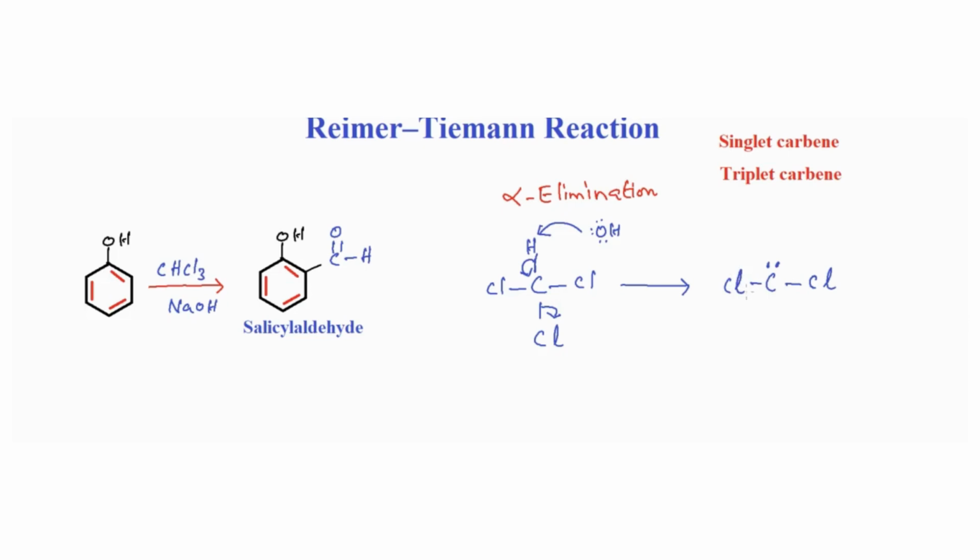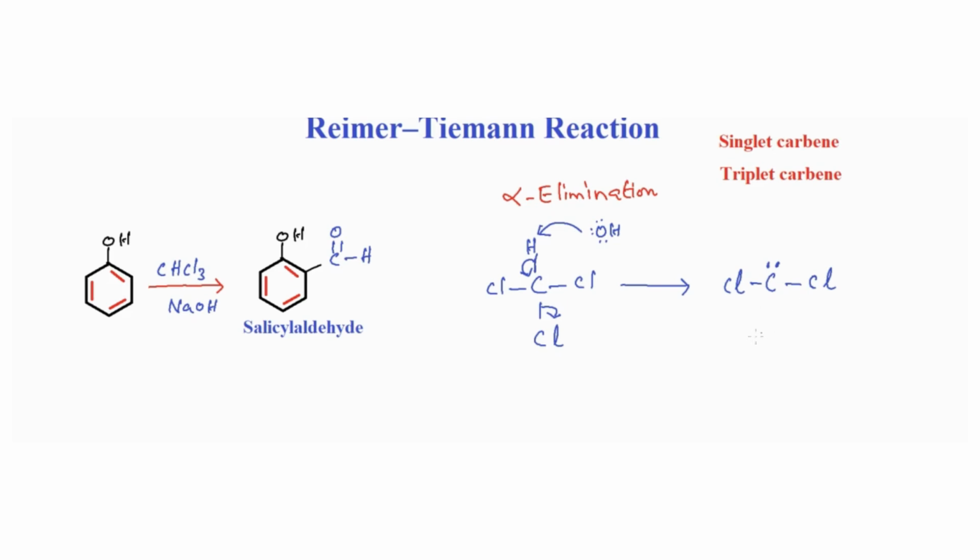Okay, so this reaction is a type of elimination reaction, and specifically it is an alpha elimination. For your information, we already discussed the elimination reactions and their types; I have given the link in the description. Please go through it. So the dichlorocarbene is formed with the help of the alpha elimination mechanism.